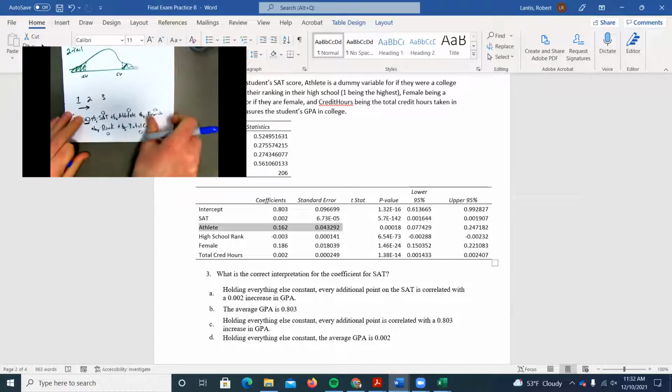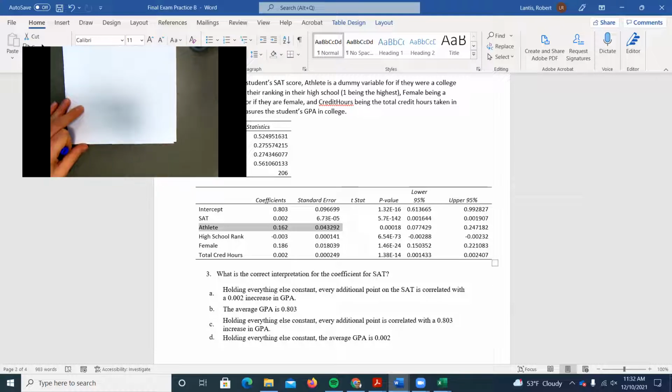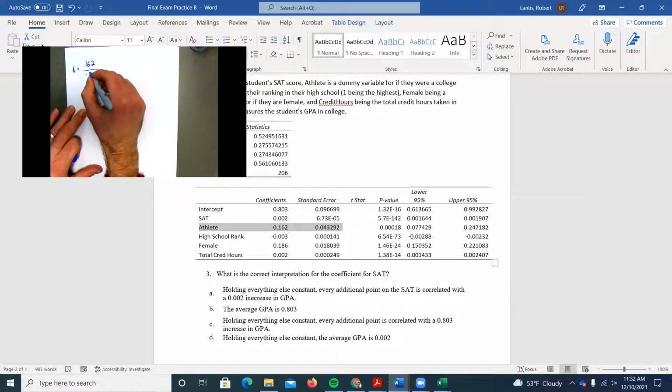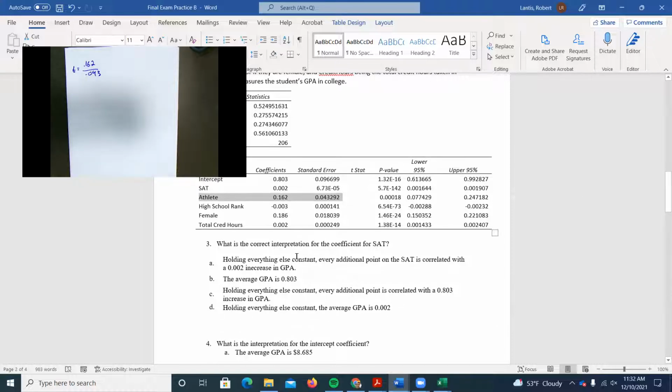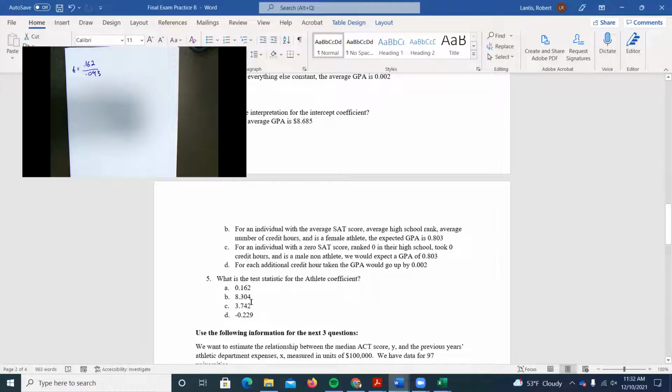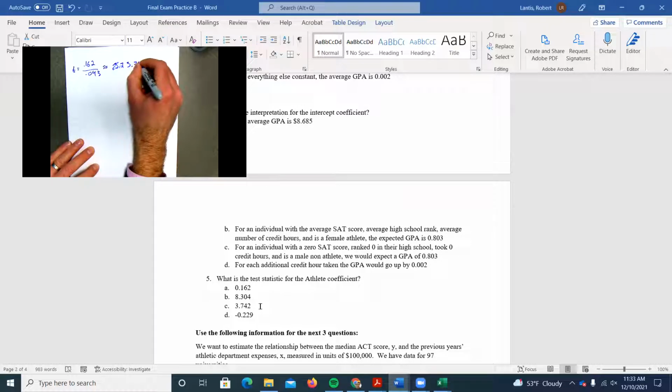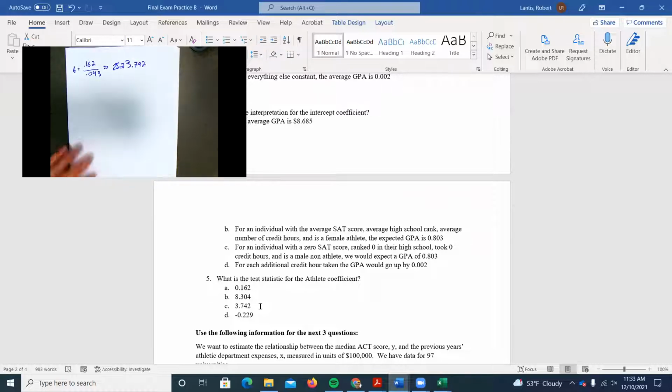So all we have to do there is take 0.162 divided by 0.043. So this looks like it's going to be approximately 4 something. So if I'm looking here, 3.742, I'm going to go out on a limb and guess, is what we end up getting for that test statistic.